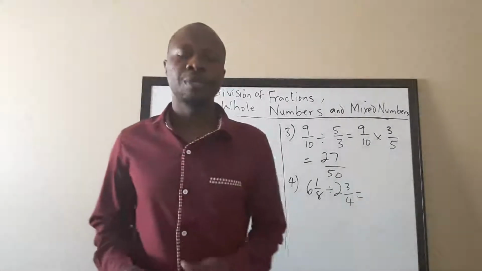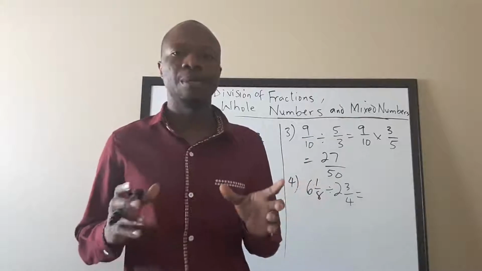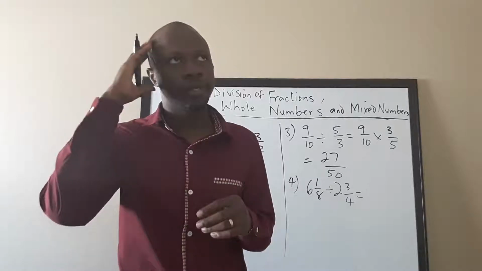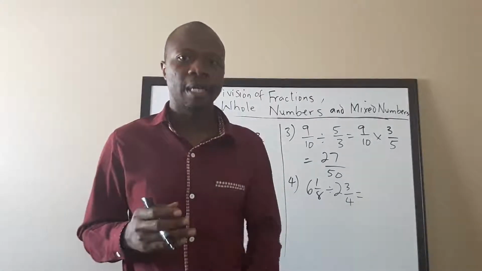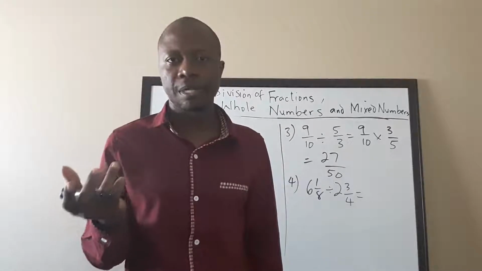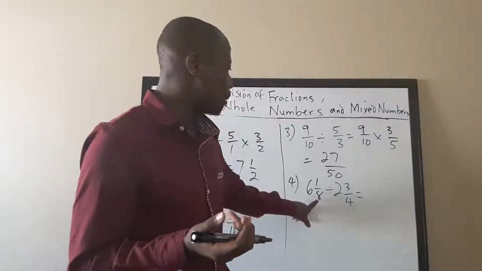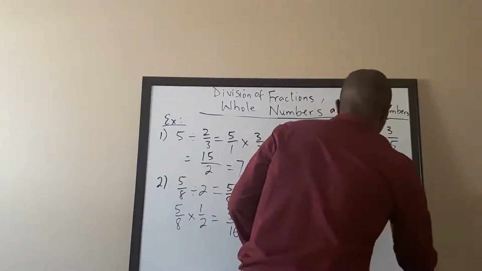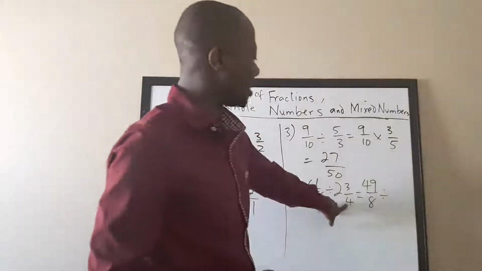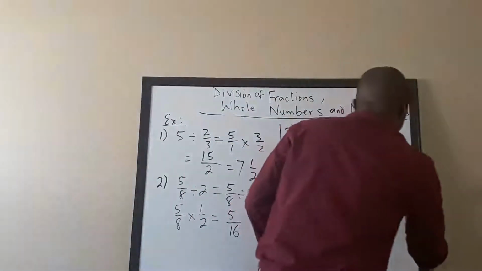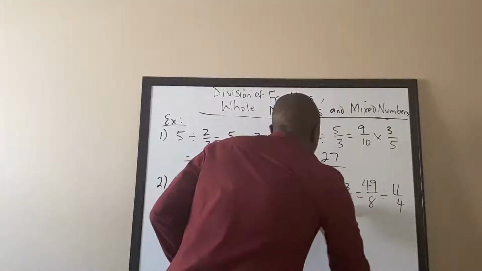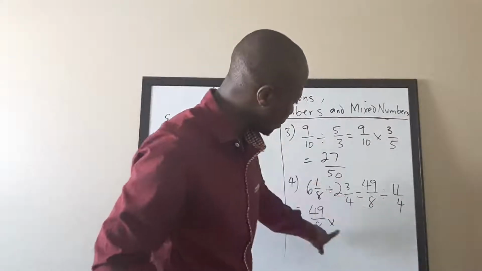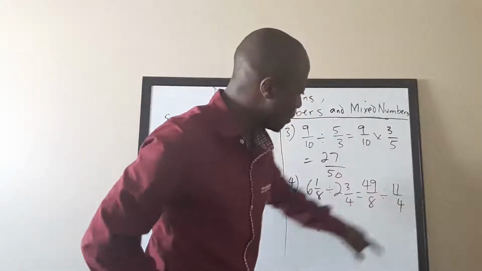The first thing we want to do here is convert each mixed number into an improper fraction, then change the divide sign to multiply and flip the second term. So 6 times 8, 48 plus 1 is 49 over 8, divided by 2 times 4 is 8 plus 3 is 11 over 4, equals 49 over 8. I'm changing this divide sign to multiply, and flipping this to get 4 over 11.